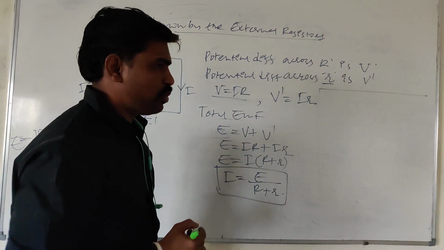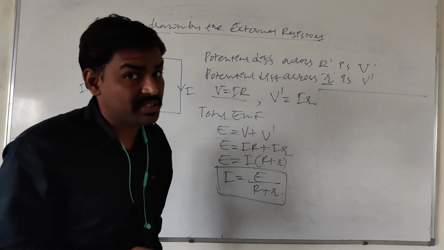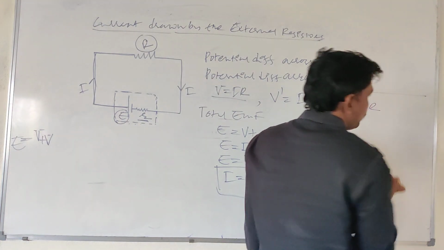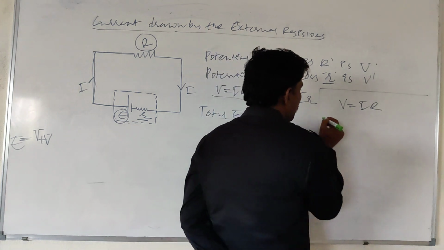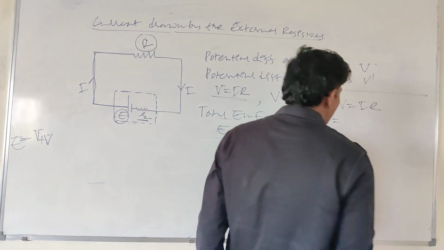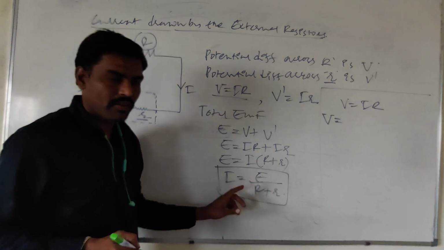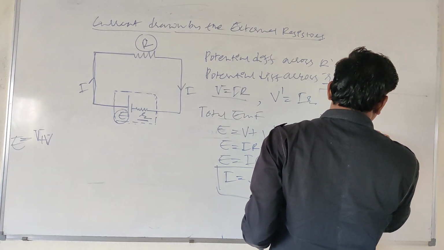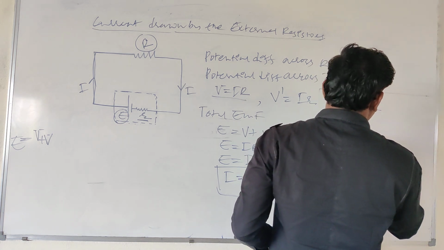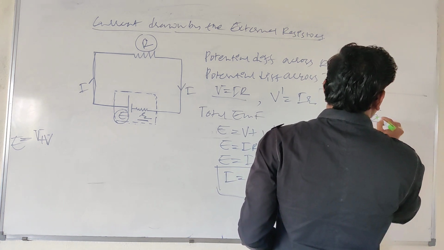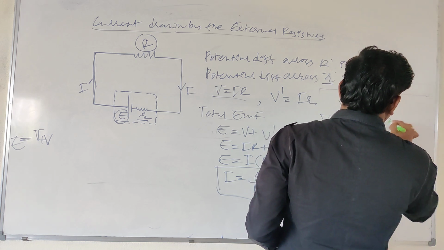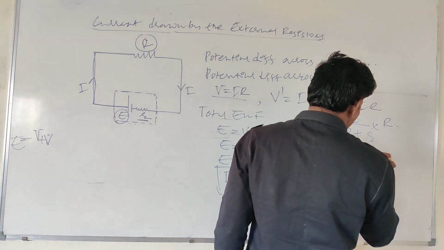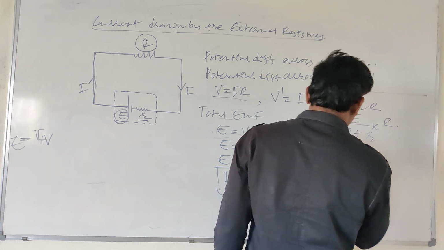Now the terminal potential difference. We discussed V is equal to IR. Here, what is the value of I? E divided by R plus r, into R. So V is equal to ER divided by R plus r.